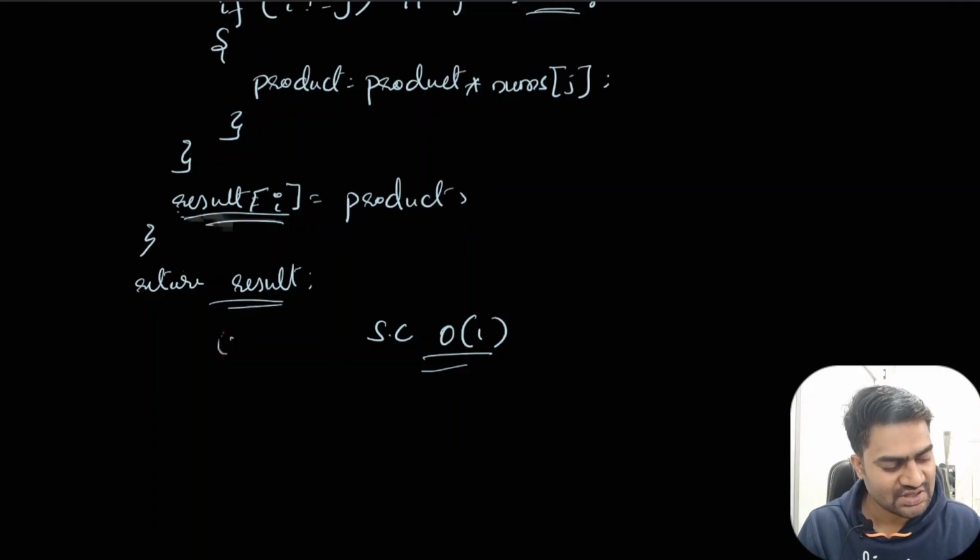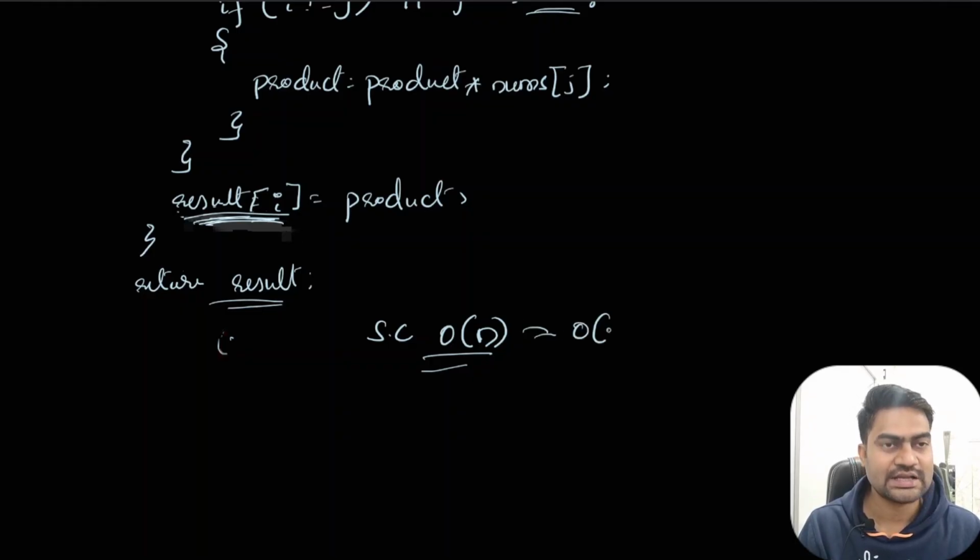But what they say in the problem is that if we are using this array to store the output, then we can consider it in place. So considering that, it becomes O of 1 space complexity.